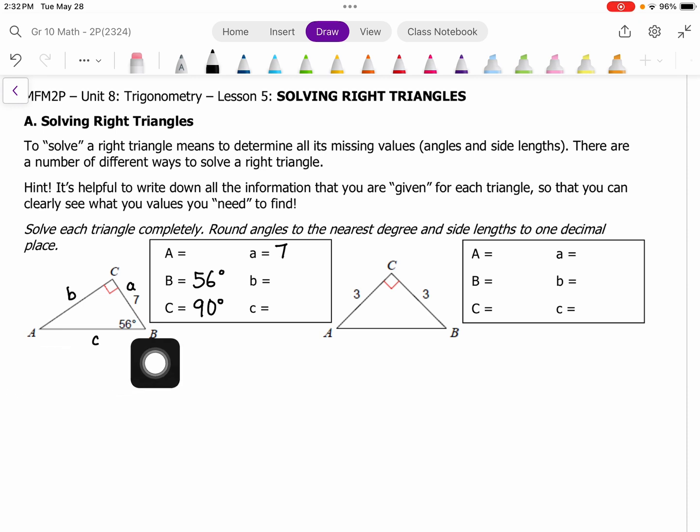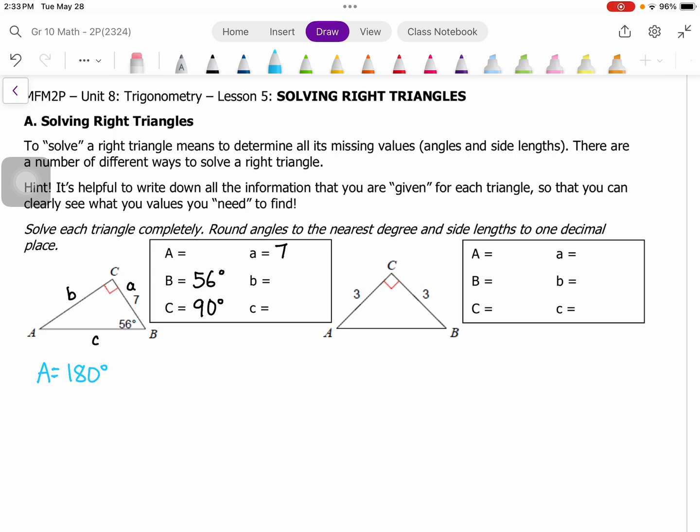So this helps me to see that I need to solve for angle A and then side length b and side length c. So I can start solving for angle A. Once I know two angles, I can solve for a third angle in a triangle by just subtracting from 180. All three angles in a triangle add up to 180.